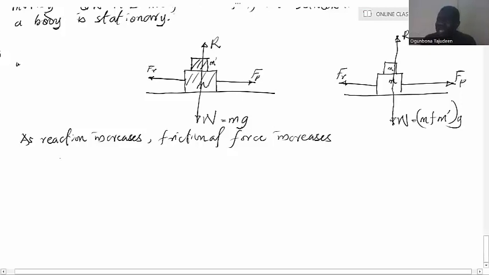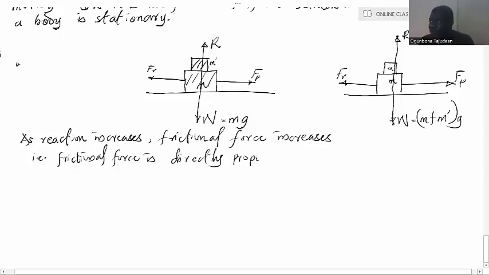And there's a law there, the formula I said, that the frictional force is directly proportional to the normal reaction.